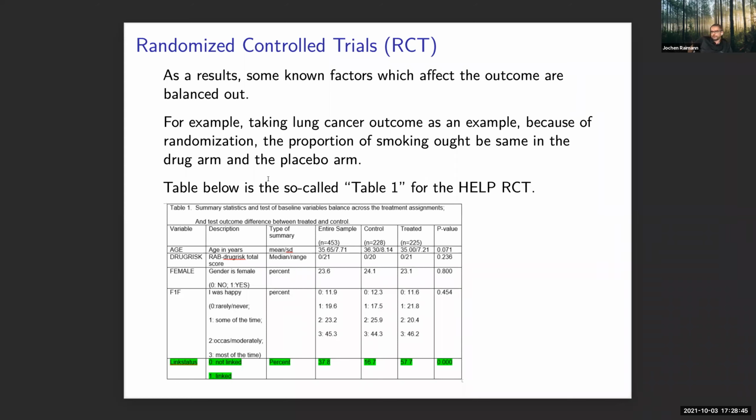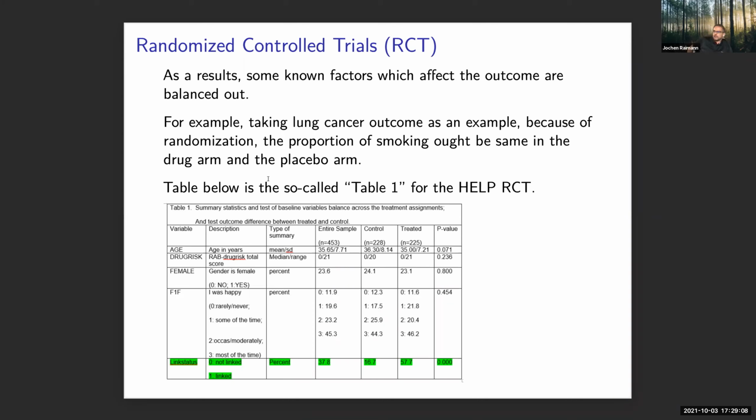So essentially what you're doing is you mean to enroll your subjects into your trial. And then the first thing you will do, you start comparing your control and your treated group. The example we're working with here is lung cancer.